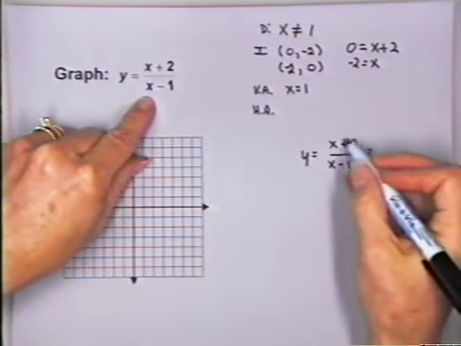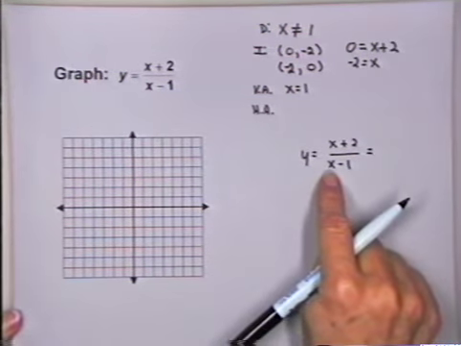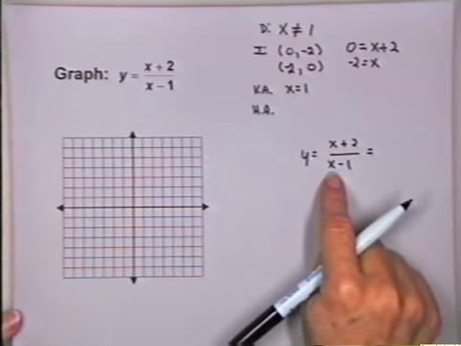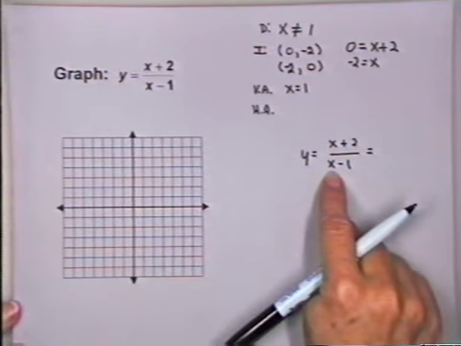Now, remember, with fractions, if you divide the numerator and denominator of a fraction by the same value, you have an equivalent fraction. So that's what we're doing. Notice down here in the denominator, this x to the first power is the largest power of x in the denominator. Okay? So that means I'm going to divide numerator and denominator by x to the first power.